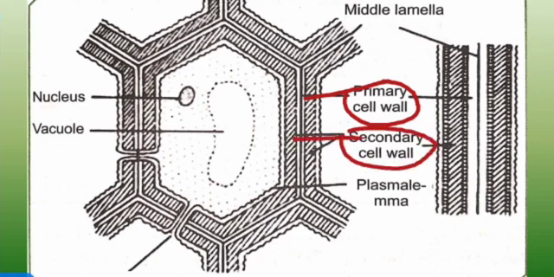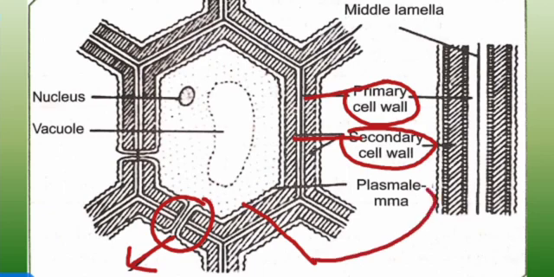The primary cell wall is mainly made up of cellulose, and the secondary cell wall is made up of cellulose, hemicellulose and lignin. In many plants there are narrow pores called plasmodesmata, and the layer here is called the plasmalemma.